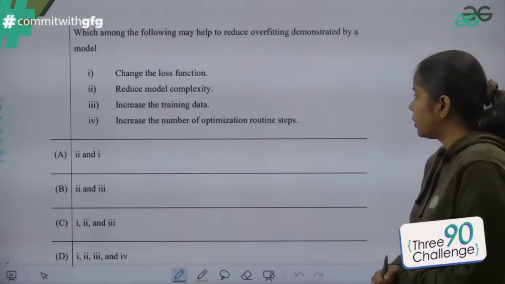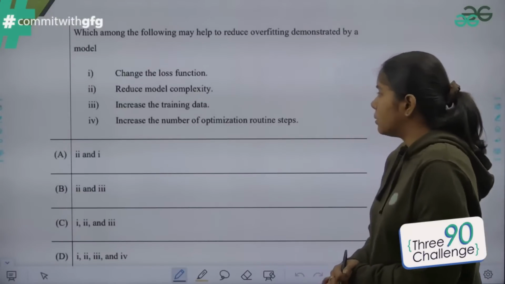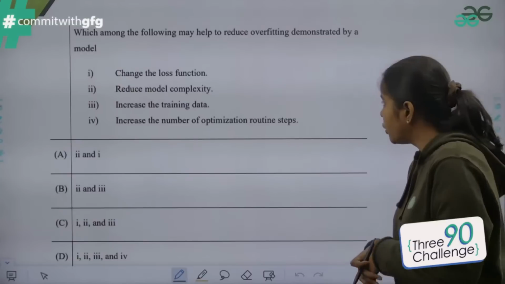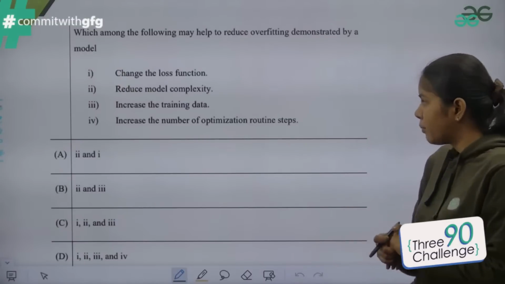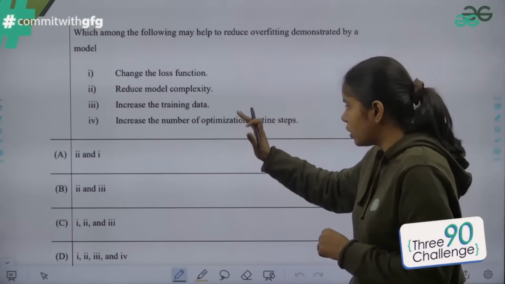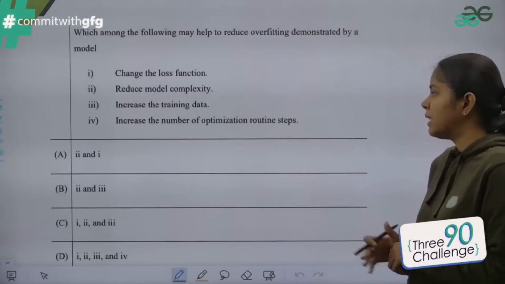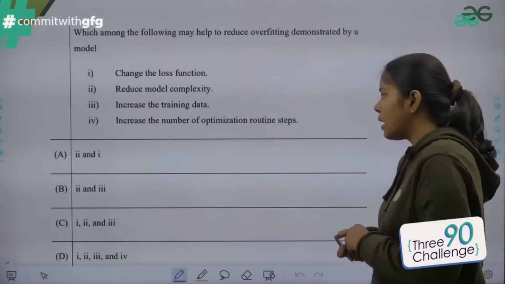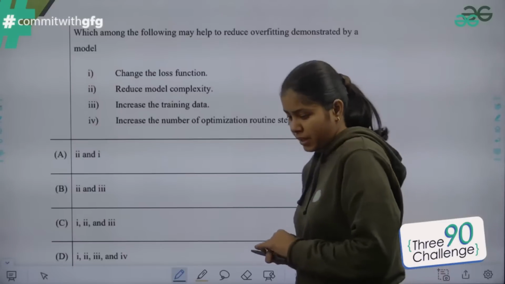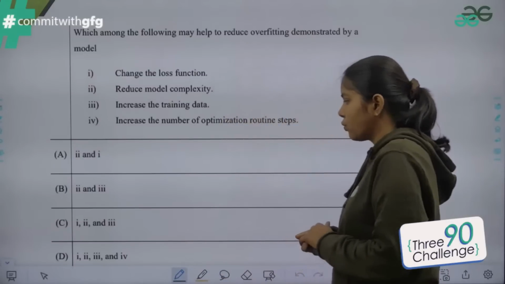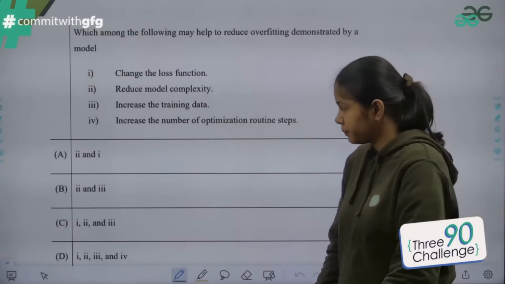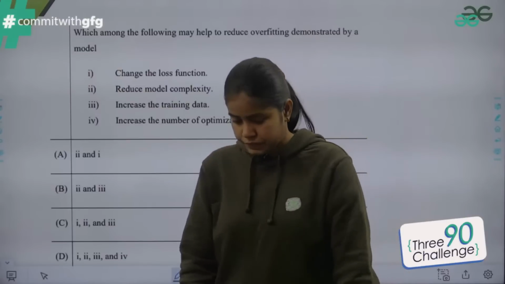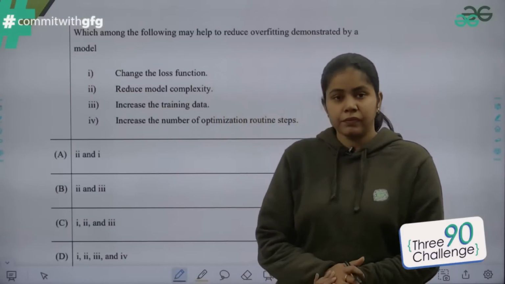The options are: changing the loss function, reducing model complexity, increasing the training data, increasing the number of optimization routine steps. So which would be correct here? Tell me, guys.